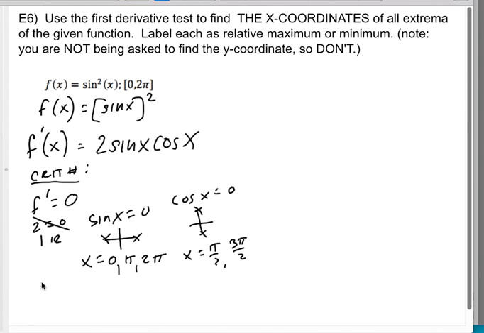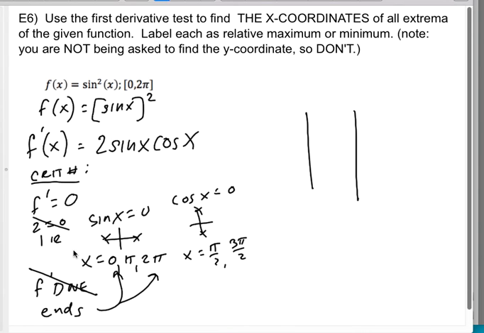I could have when f prime does not exist, but again, sines and cosines don't have a denominator, so it's not an issue. And then I do have endpoints, but they actually were already mentioned for the record, so I'm just going to point out that they're already there. So I have ends. So now when I make my sign chart, there's a lot of them. 1, 2, 3, 4, 5 lines. Close enough.